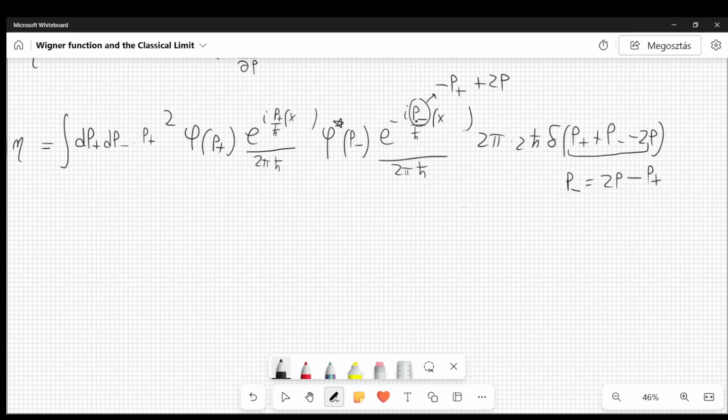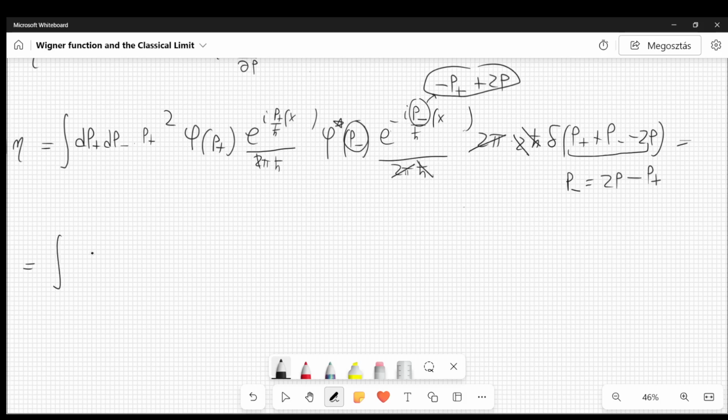We can replace p minus with this value, and also this p minus here. Then we can integrate over p minus, so we get rid of the delta, which will give us 1, and we would be left with the following. Let's simplify this 2 pi with this 2 pi, h bar with h bar, and then this factor of 2 with this factor of 2.